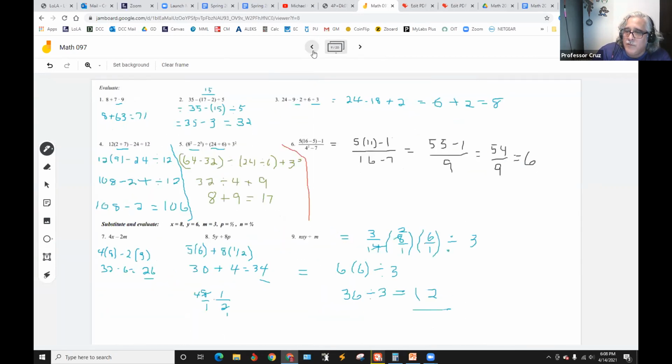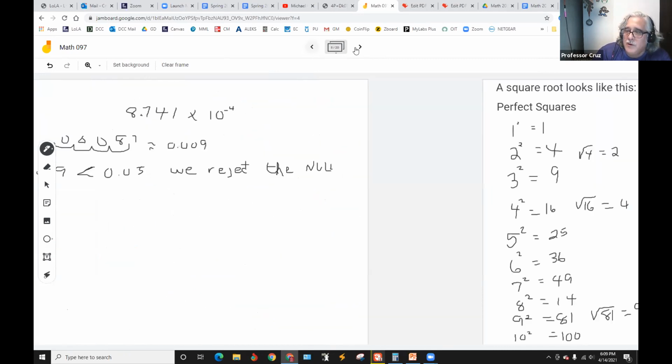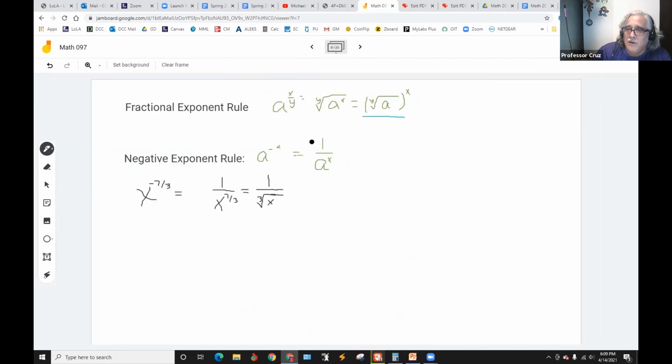Oh, no, it's right there on top. See how I told you that you can put it on the inside or the outside, whichever helps you? Well, this one, if you put it on the inside, it's going to help us a little bit more because these are not numbers. You can't really evaluate x to the 7th since we don't know what it is, or the cube root of x because we don't know what it is.